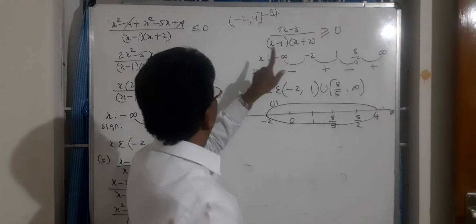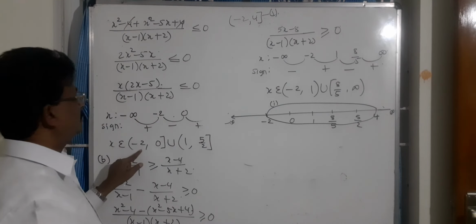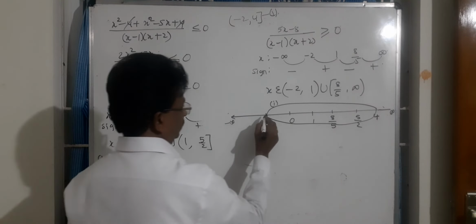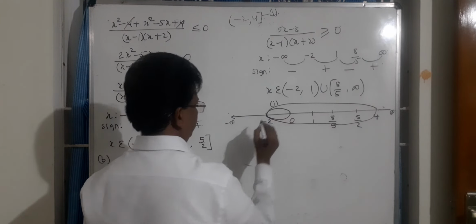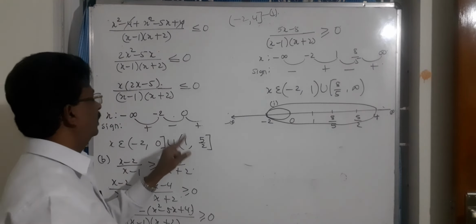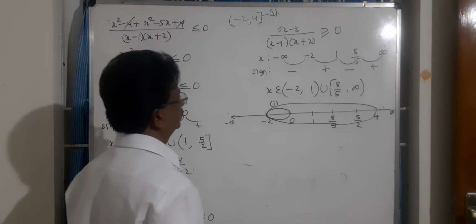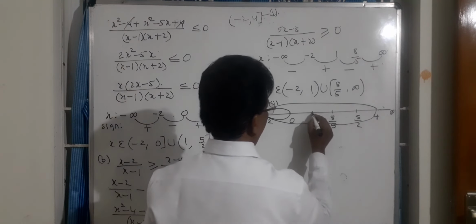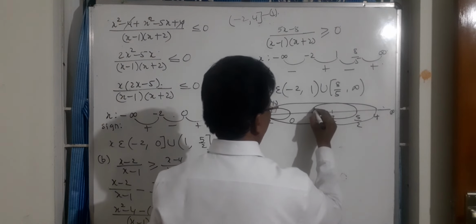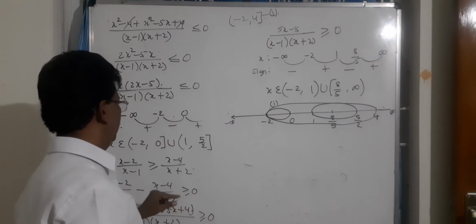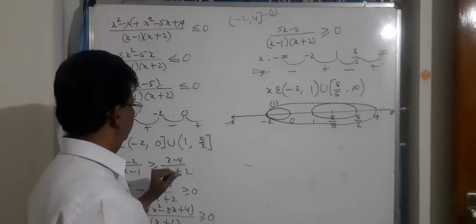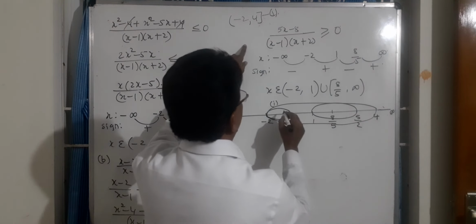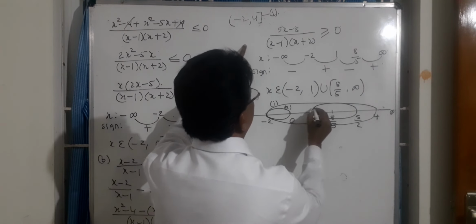Next, in the second case, -2 to 0. Next, 1 to 5/2. This is the second case, case A.